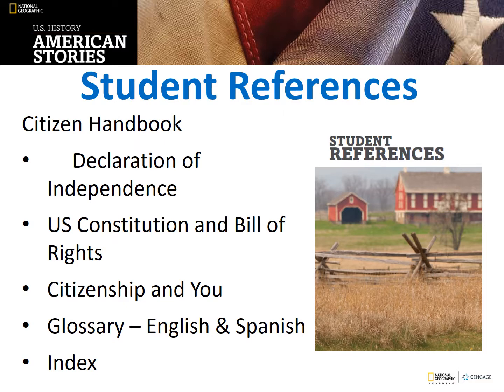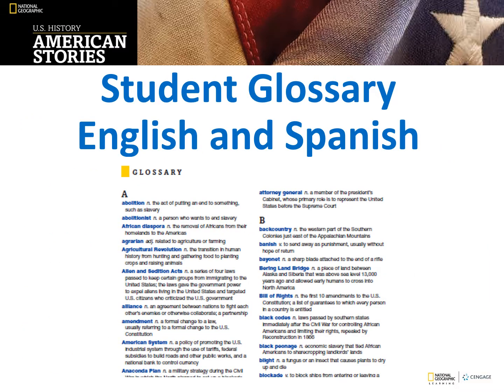The student reference section following Unit 6 includes a citizenship handbook that contains the Declaration of Independence, the Constitution, Bill of Rights, and a Citizenship and You article. Finally, there is a comprehensive glossary in English and in Spanish at the end of the book.